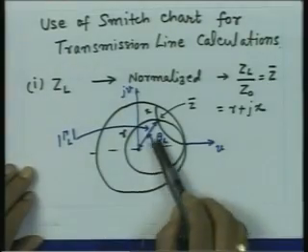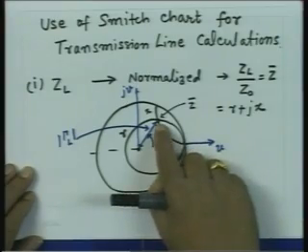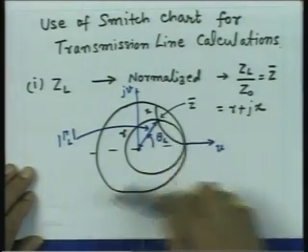One can have exactly opposite problems. Many times somebody might give you a reflection coefficient and you have to find out what is the corresponding load. So, the problem is very straightforward. Mark the point on the complex reflection coefficient plane, the magnitude is given to you, the angle is given. So, you can draw this point. Once you get this point, read off the circles which are passing through this point.